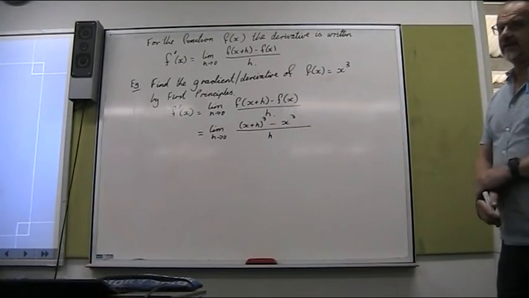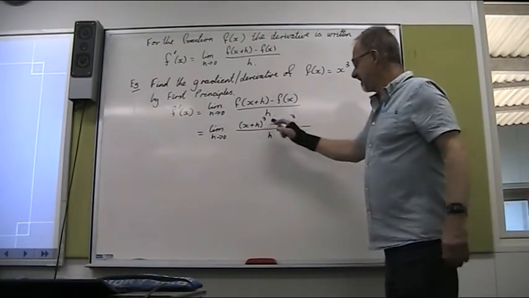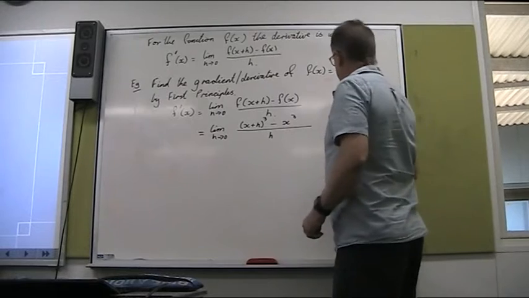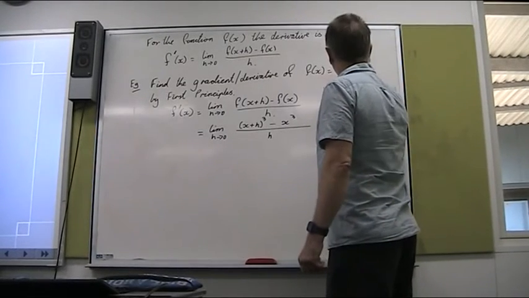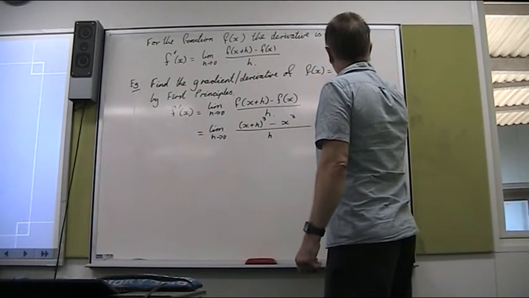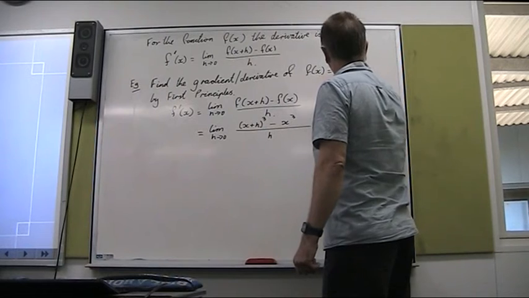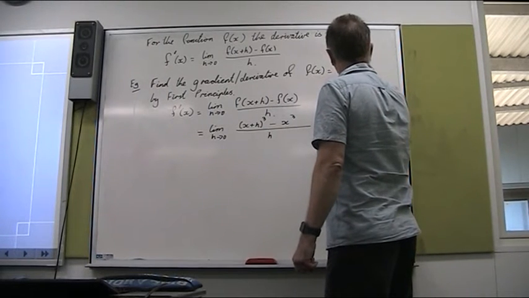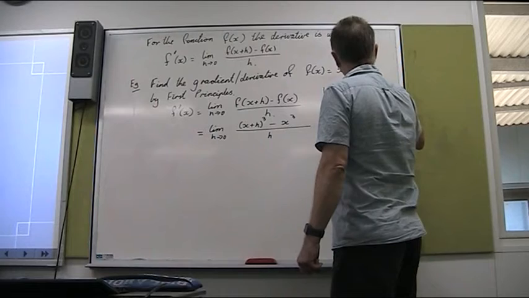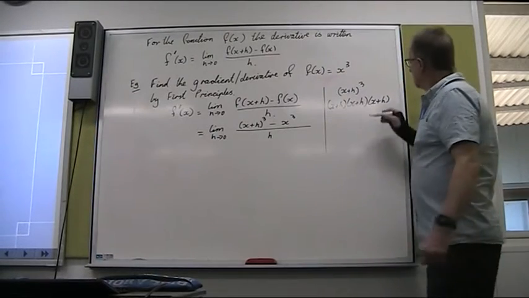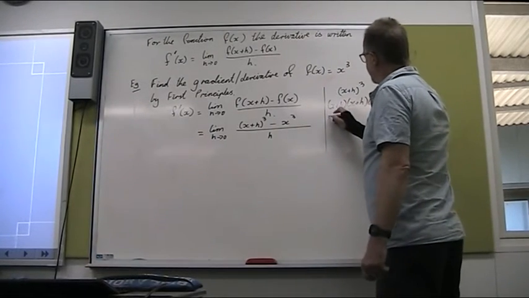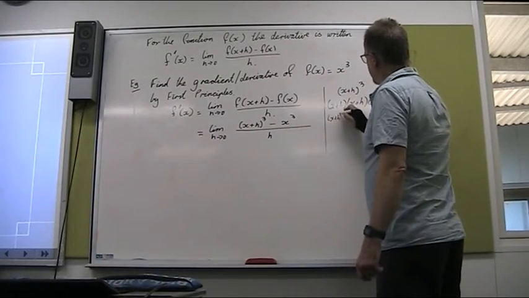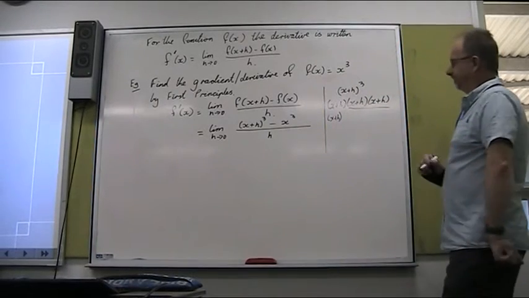All right, so the next bit we've got to do is expand that. I'm going to do that over the side here. So x plus h cubed would be x plus h times x plus h times x plus h. I'm going to leave this first x plus h where it is and expand these two.